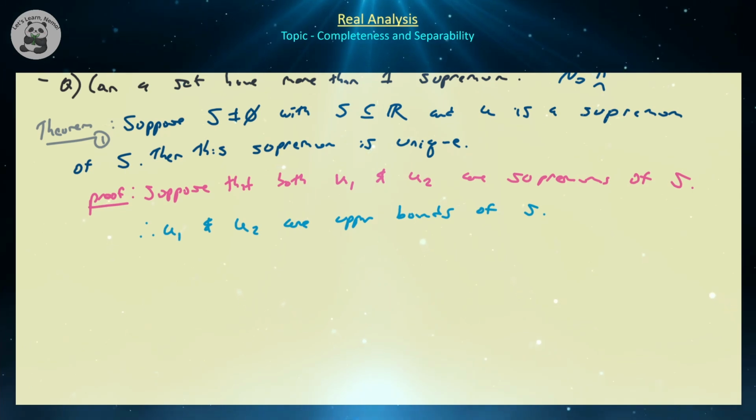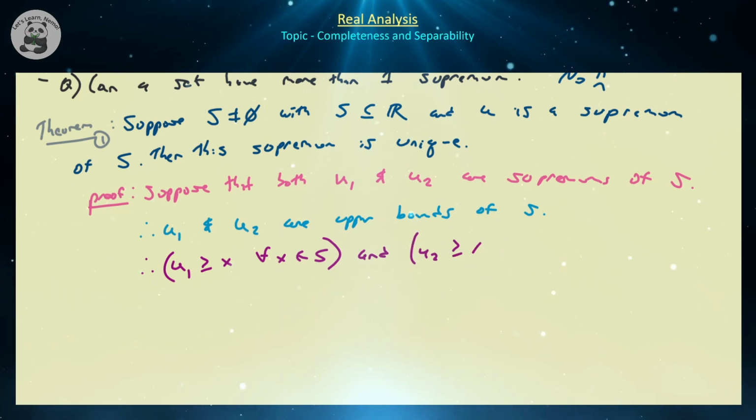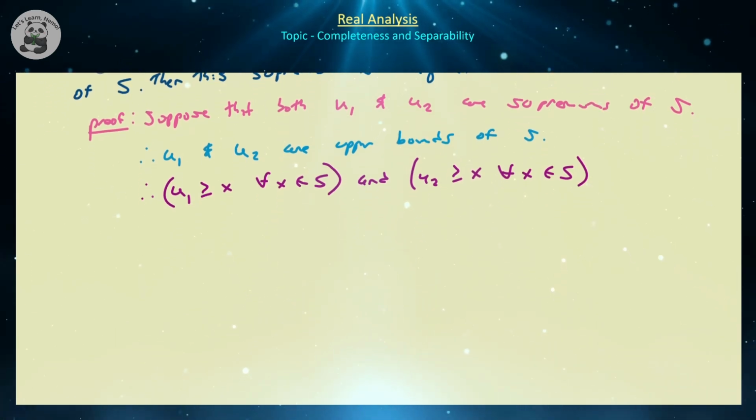It's a less demanding requirement, but they are indeed upper bounds. So when we say that U1 is an upper bound, what are we saying? That means U1 is greater than or equal to x for all x in S. And we also have that U2 is greater than or equal to x for all x in S, because U2 is an upper bound as well. And again, notice that U1 and U2 do not need to belong to S.